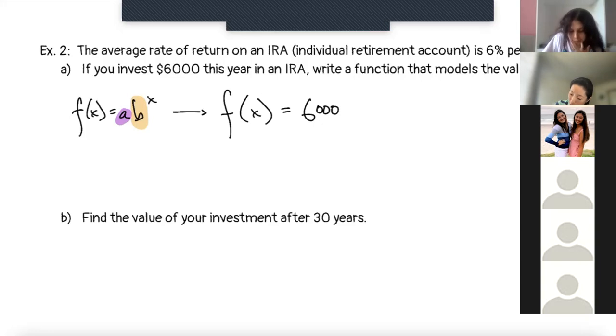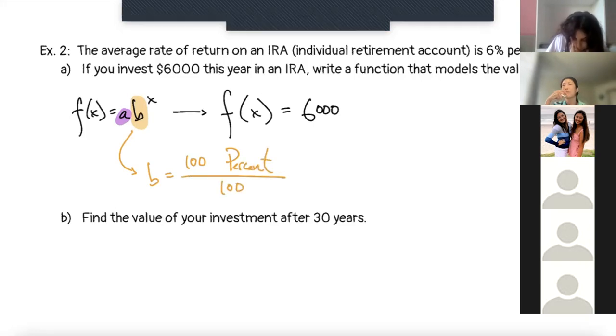Now, if you want to find the b value, maybe we could write that down here. We could say b is going to equal 100, and then we need a percent, and then we're going to divide that by 100. Are we going to use the plus sign or the minus sign here? Plus? Yeah, we're going to use the plus sign because we want to get more money, right?